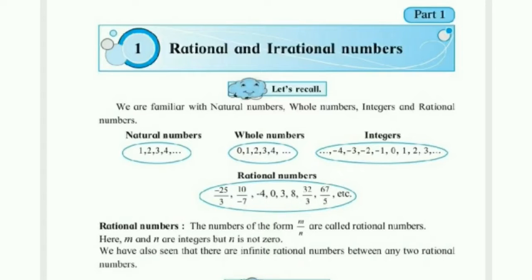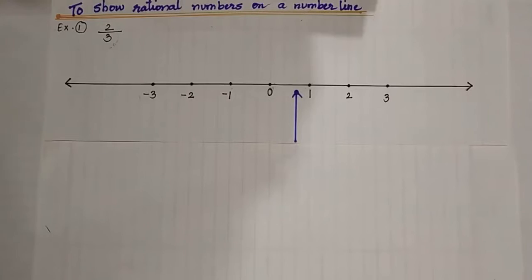Because the denominator of minus 4 is 1. Similarly, 0, 3 and 8 are also examples of rational numbers. So there are infinite rational numbers between any two rational numbers. So let's start with the first part, that is how to show rational numbers on a number line.